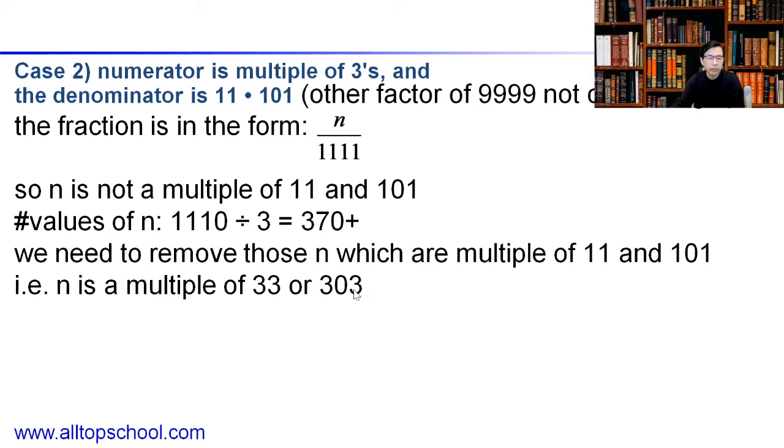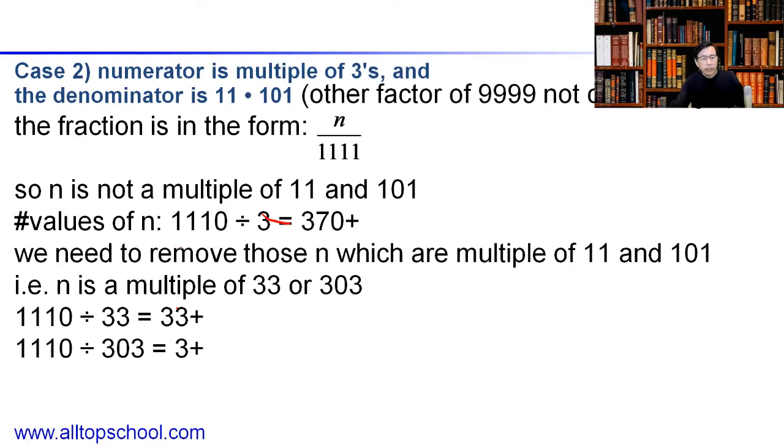We just remove them. So for 1,110, if they are multiples of 33, that will be 33 numbers. And then if these are multiples of 303, that will be only 3 of them.